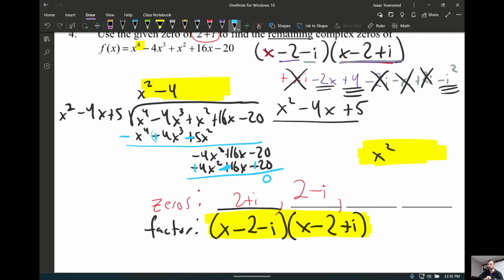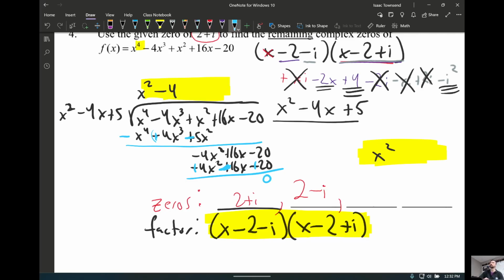But you're multiplying -4x times -4. Okay, -4x times -4x would be positive 16x. But then when you change the sign and add, it switches to a minus. That's why I say switch the sign, because you're really supposed to subtract this whole bottom line.